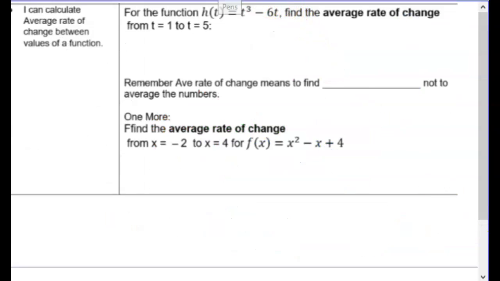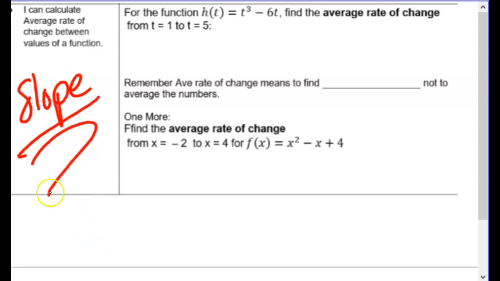Average rate of change. What word needs to go through your head when you see average rate of change? Nope. Slope. Remember, average rate of change is not averaging anything. It says for this function, find the average rate of change from 1 to 5.